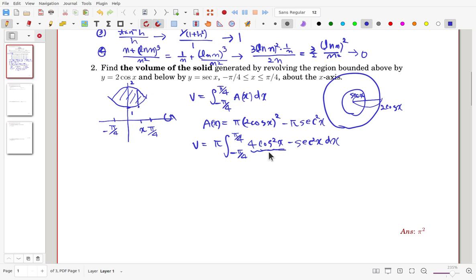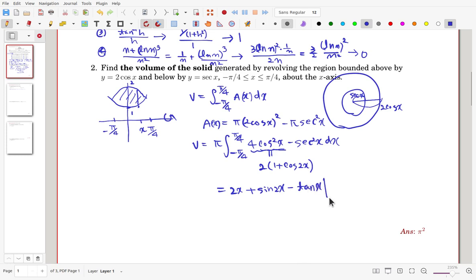So the whole thing is the same as twice 1 plus cosine 2x, right? Its antiderivative is 2x plus sine 2x, and for sec squared, it'll be tangent of x.